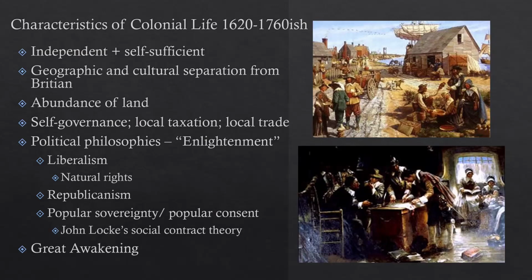So the Great Awakening is this very evangelical, charismatic, emotional religious revival period. Preachers who had broken away from the institutional churches in Europe, the Catholic Church, and in England, the Church of England, or the Anglican Church.